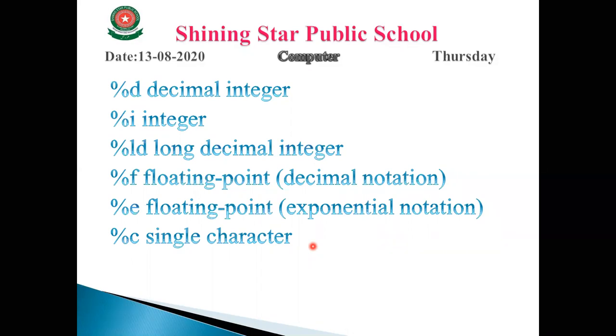So what is the difference between %f and %e? In %f, we take the floating point, but in decimal notation. And in %e, we again take the floating point, but in exponential notation. And last, %c is used for the single character.